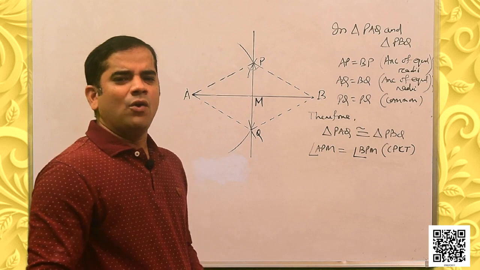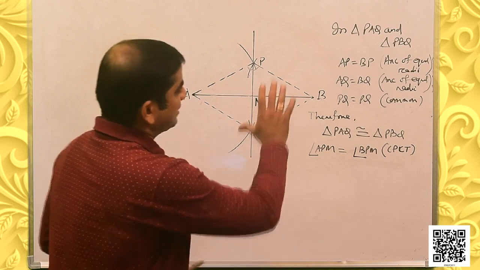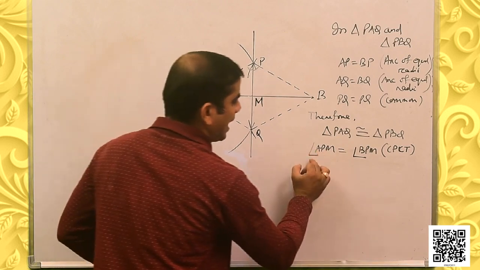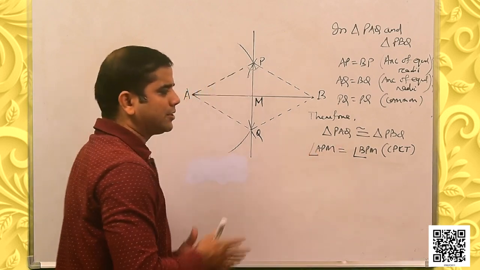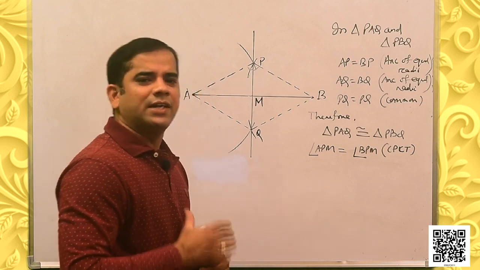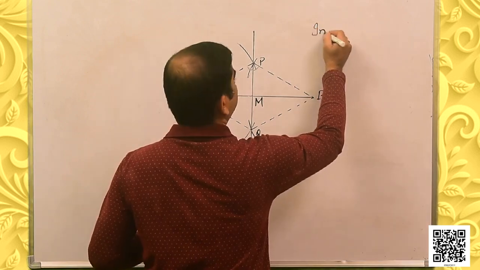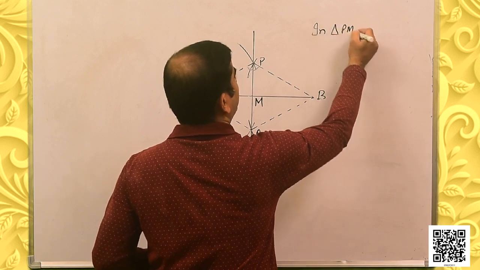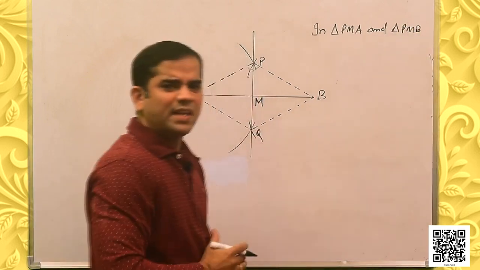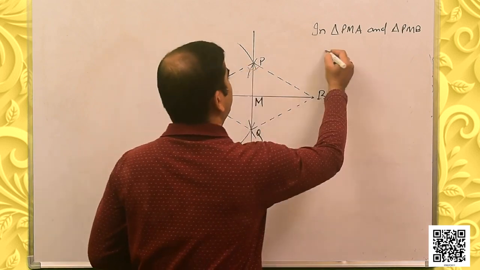Fine. Now in triangles PMA and PMB. This is over for PAQ and PBQ, from which we got that angle APM is equal to angle BPM because of CPCT, they are corresponding parts of the congruent triangles. Now let us concentrate on triangles PMA and PMB. In triangle PMA and triangle PMB, here AP is equal to BP.